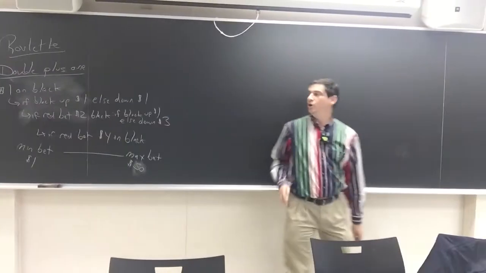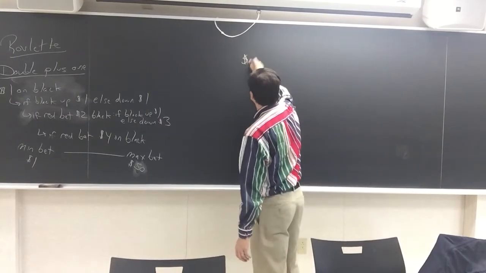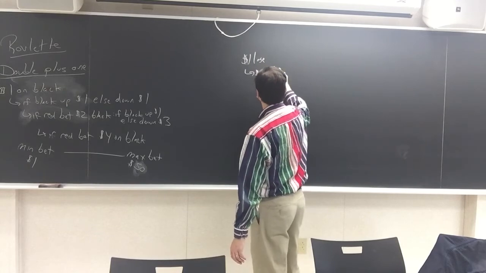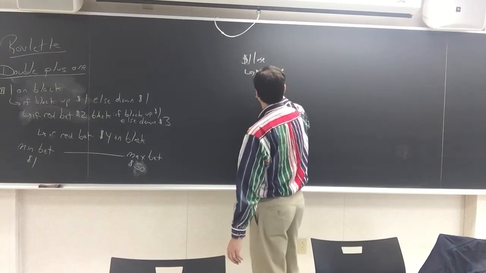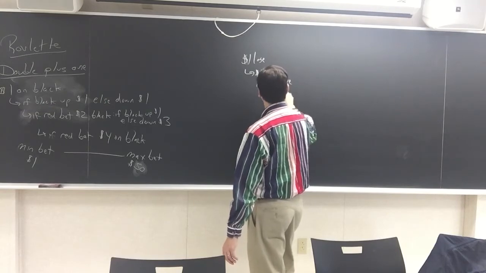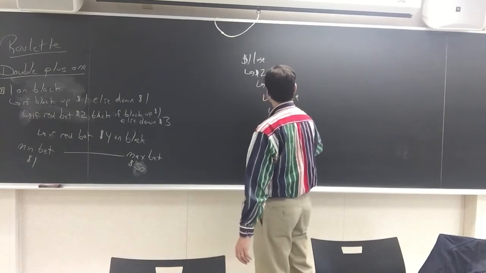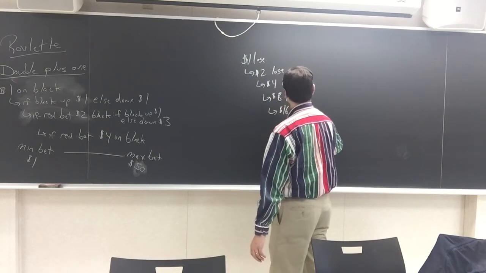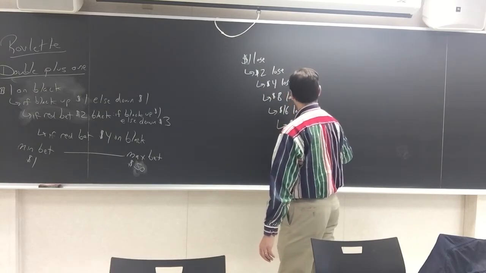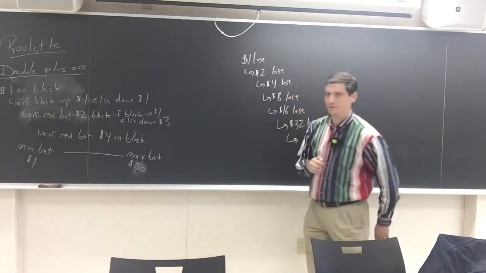So imagine we bet $1 and we lose. And then we bet $2 and we lose. Then we bet $4 and we lose. Then we bet $8 and we lose. Then we bet $16 and we lose. Then we bet $32 and we lose. Now what happens?